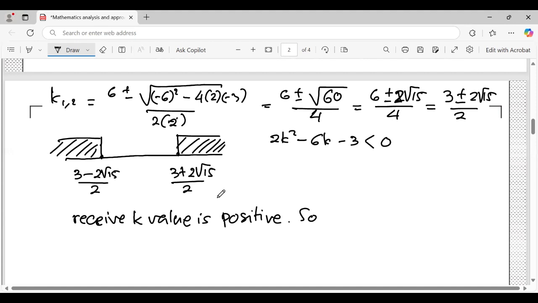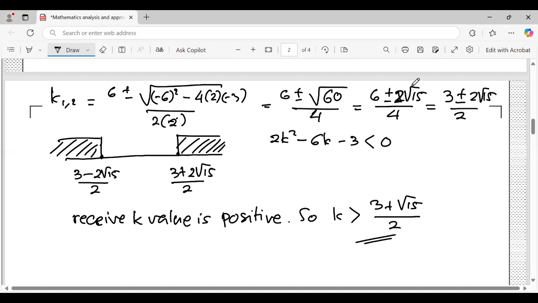So the solution is k greater than this one, not this left side, this right side. k greater than 3 plus square root 15 over 2. This is k.